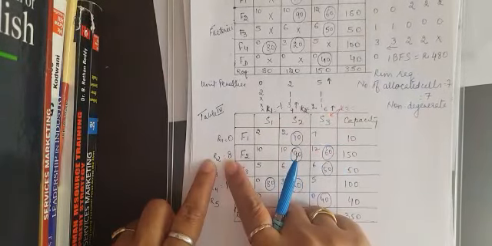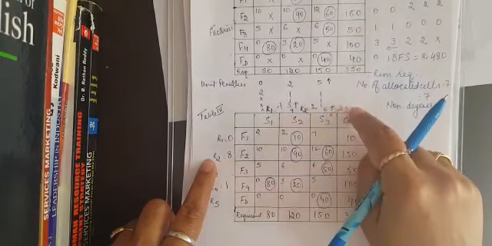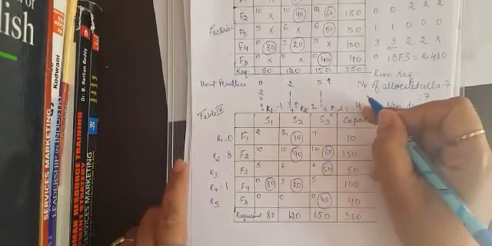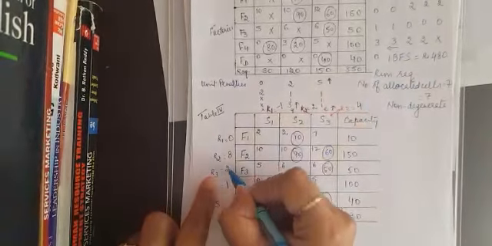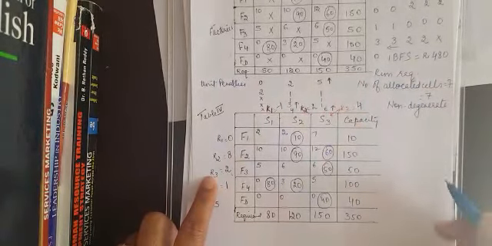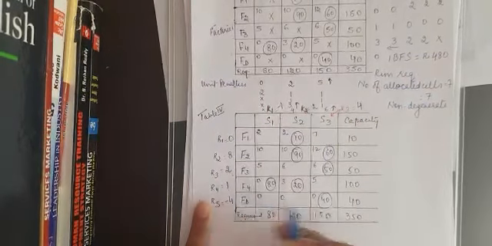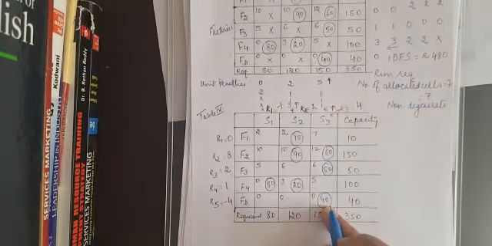From this R2 of 8 we can derive the value for K3. 8 plus 4 is going to be 12. 4 plus 2 is going to be R3. Then 4 plus minus 4 is going to be 0.